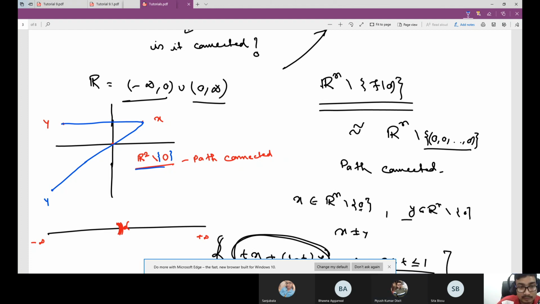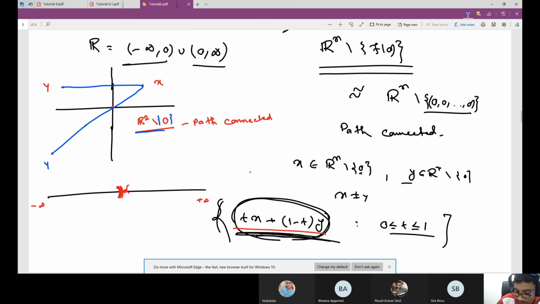This kind of path will work whenever the line does not intersect the origin. But since this line intersects the origin, in this case it will not work.